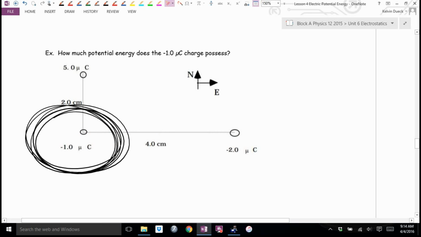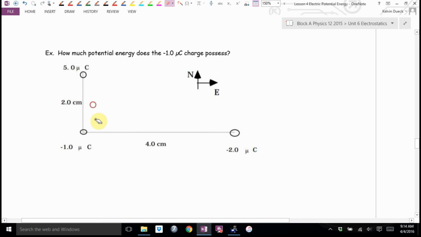This is going to be, again, our fancy principle of superposition. Since it's a negative 1, let's call this charge 1. It's the charge that we're interested in. Since the right-hand charge is a 2, I'm going to call this charge 2. How clever. Charge 3. Kind of a weird way to label them in terms of an order, but that might help me keep stuff straight.